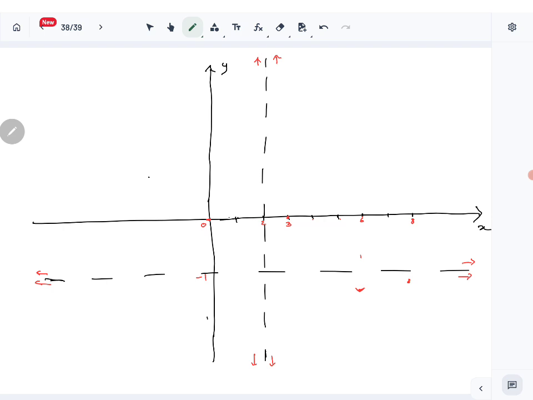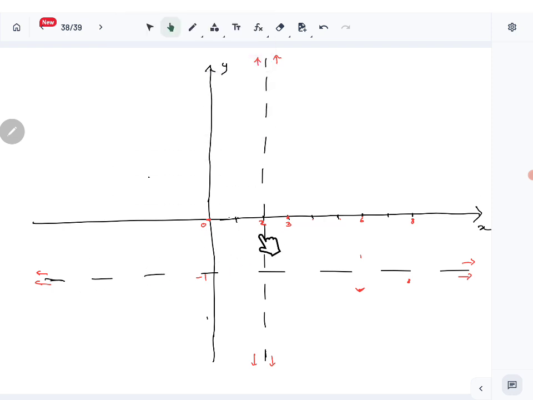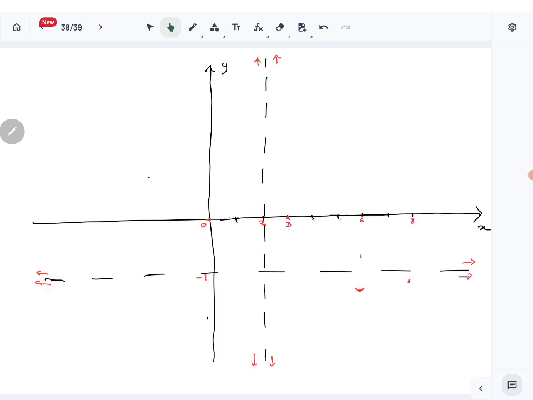Right, now we have to draw this. We'll start with negative infinity to positive 2. This section. Negative infinity to positive 2. What is happening? Increasing and concave up. So which two arrows should I connect?